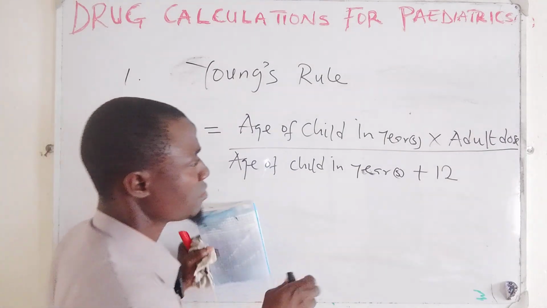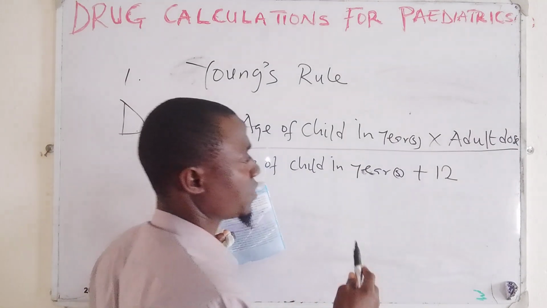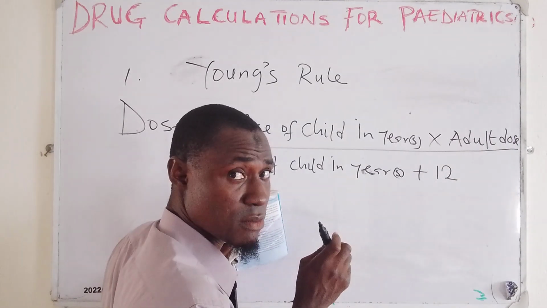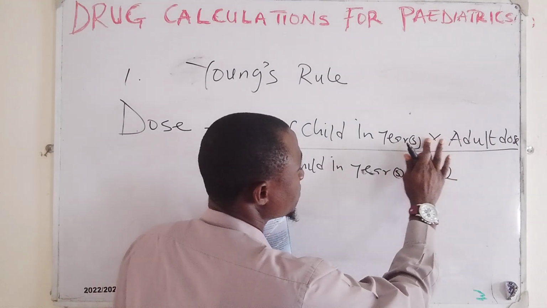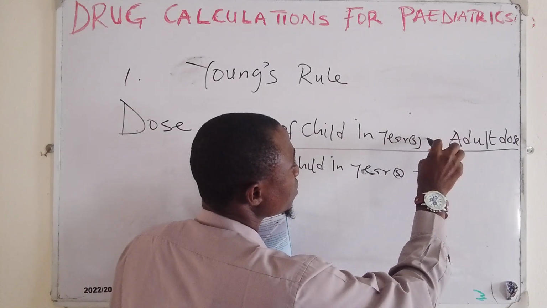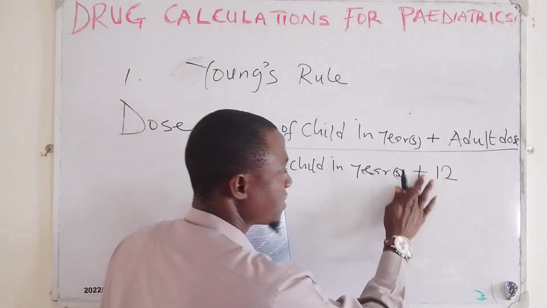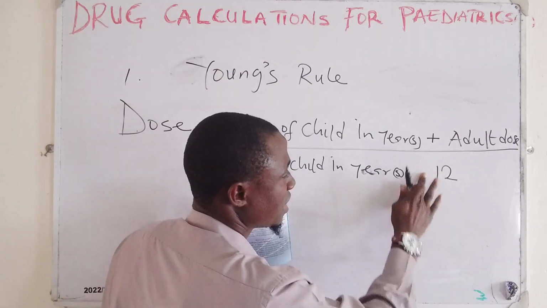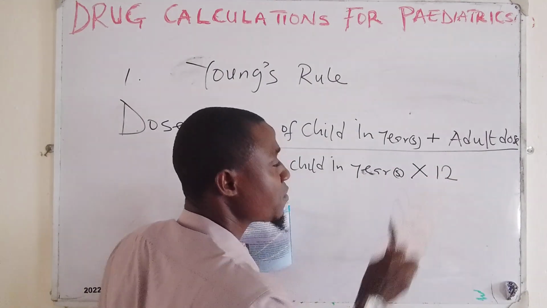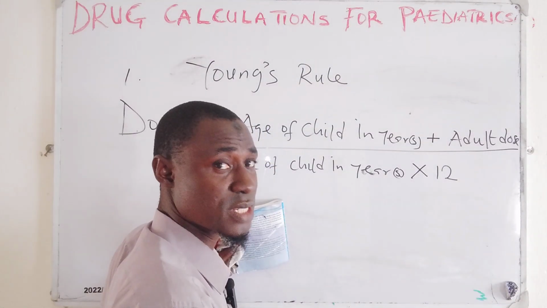Now, take note, the most common mistake students make when applying this formula is that this multiplication sign, sometimes they turn it to a plus sign, an addition sign. And sometimes they change the plus sign here to a multiplication sign. Of course, this is not what the rule says.